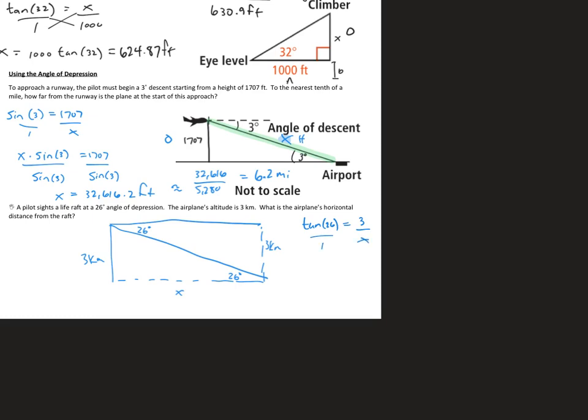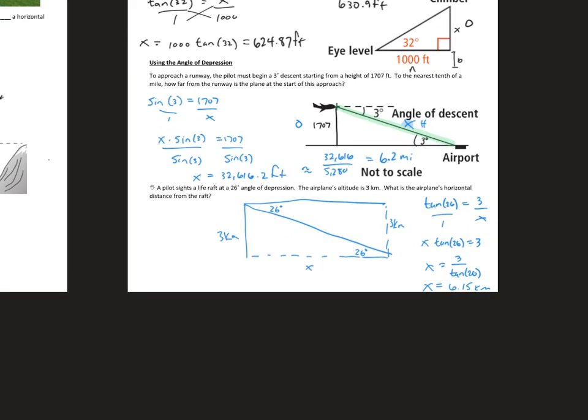We cross multiply. x tangent of 26 is 3. So x is 3 divided by the tangent of 26. 3 divided by the tangent of 26 is going to get me 6.15. And that's how far it is. So if you want to say 6.2 kilometers as well, that's fine.